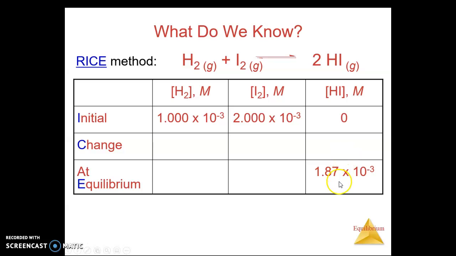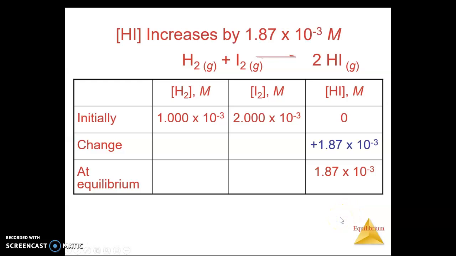At the end, we have 1.87 times 10 to the negative third equilibrium HI. Think, this is actually pretty logical. We had to add 1.87 times 10 to the negative third HI to get from 0 to 1.87 times 10 to the negative third, right? So that's the first thing you do. You work off of what you know.